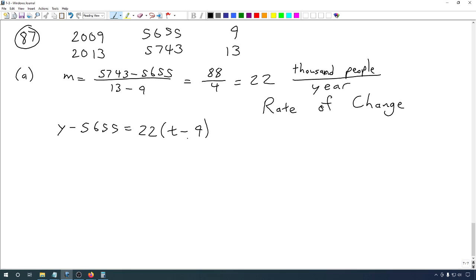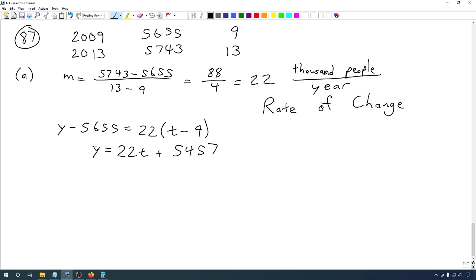We're going to go ahead and put this into our slope-intercept form. That means I'll go ahead and move the 5655 over to the other side. I'm going to distribute the 22 to both terms. We get a 22t, and then 22 times negative 9, but then added to 5655. You can go ahead and use a calculator to find that if you want. It turns out to be 5,457.